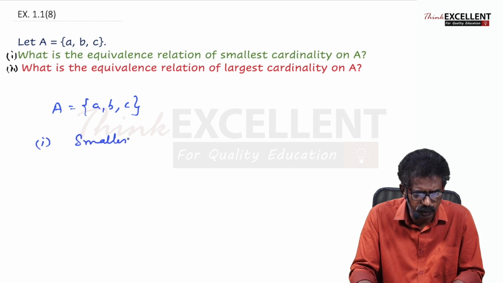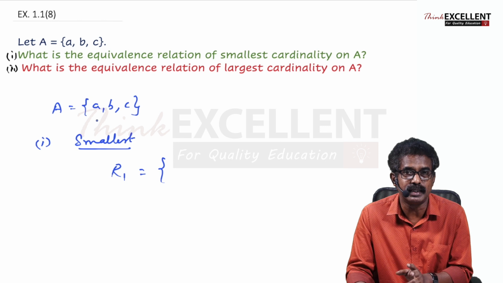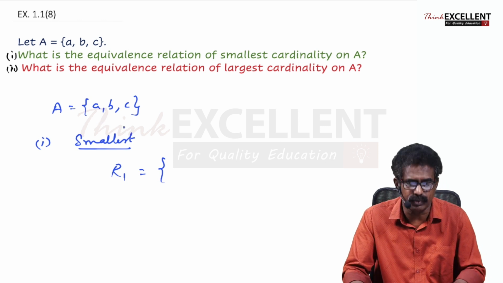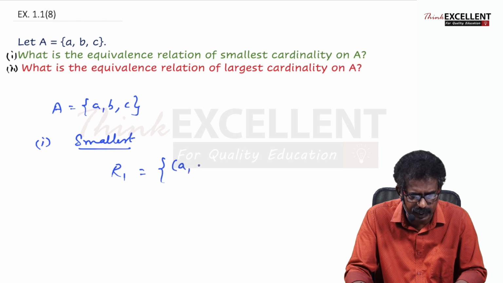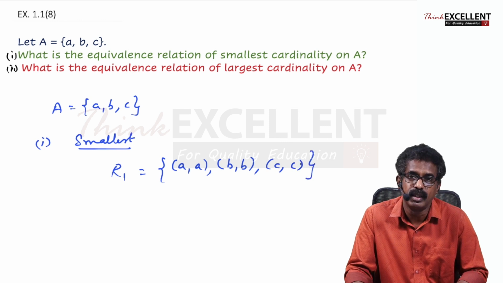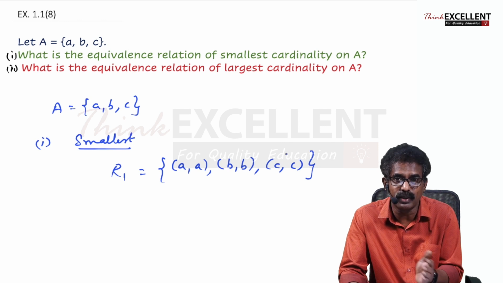For the smallest, you have to form a relation. Say I'm taking R1. What are the elements in A? A, B, C. Reflexive must be satisfied, every element must be related to itself. So A must be related to A: (A, A), (B, B), (C, C). Every element related to itself. If you write something extra, then symmetric you have to check it, okay?